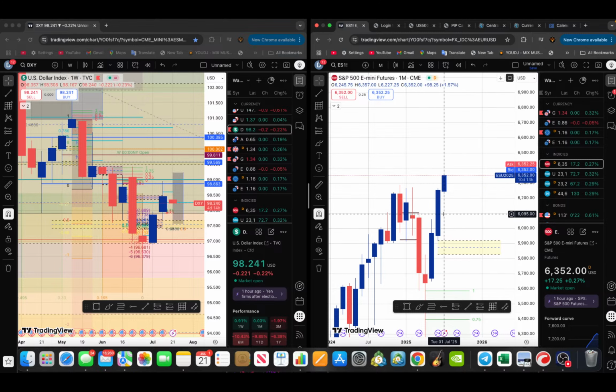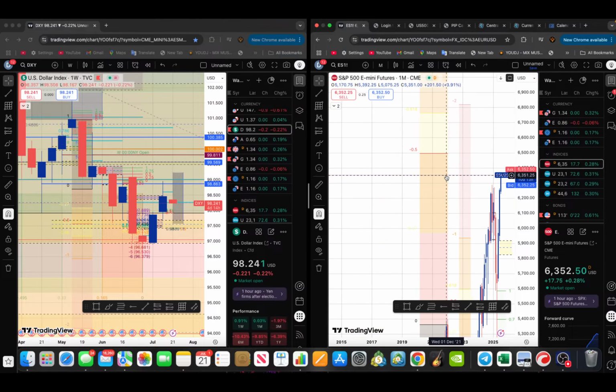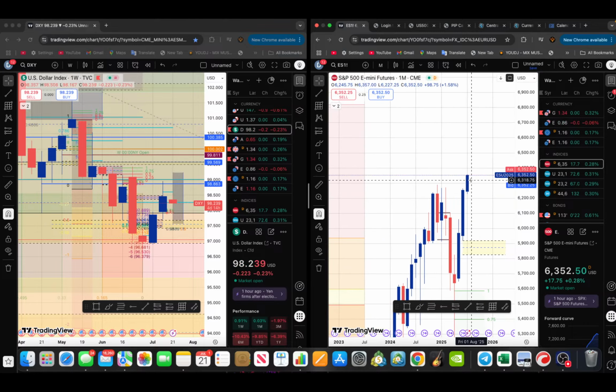Was waiting for it to be taken because it created a balanced price range, we're waiting for these to be taken. Now there's a potential chance for it to reverse back into there, but we just got to wait and see because we don't want to predict the top. It's not something we want to do.